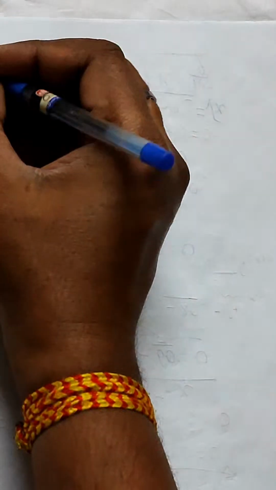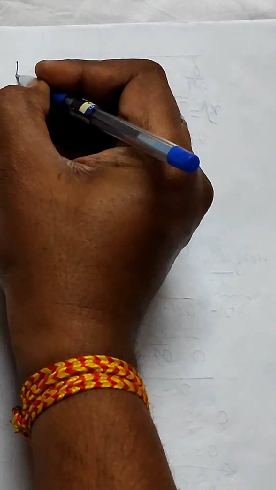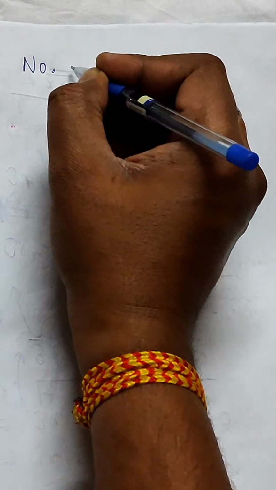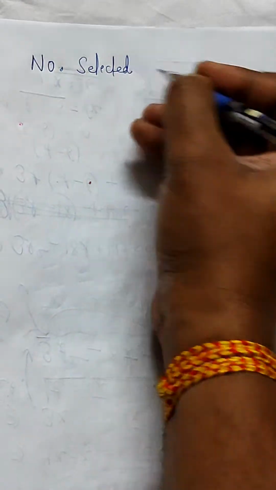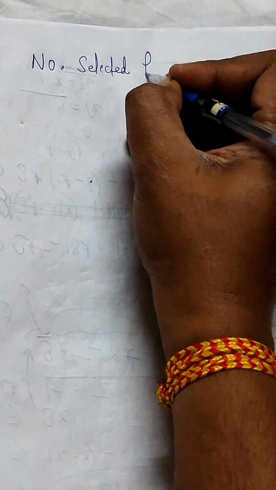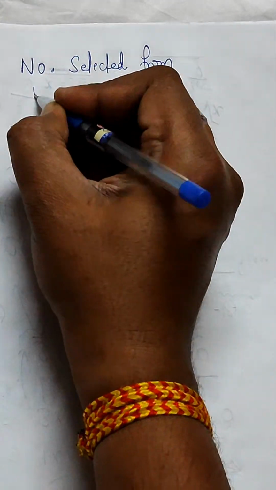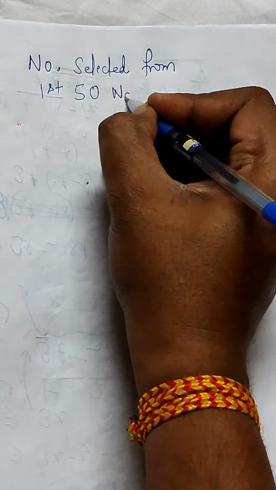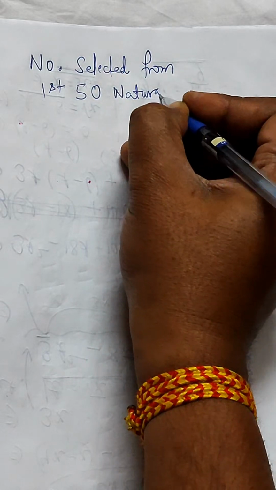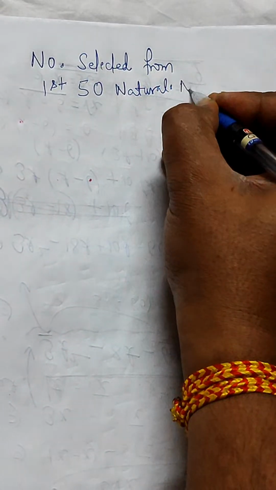A number is selected from the first 50 natural numbers. So it's given that the number is selected from the first 50 natural numbers, right?